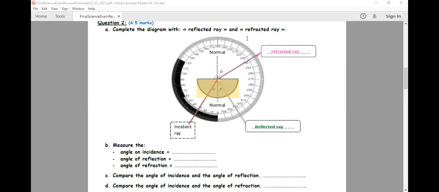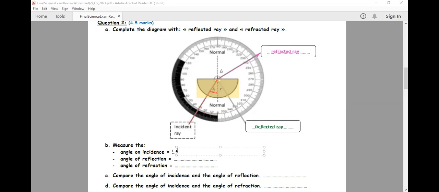Let's measure the angle of incidence. The angle of incidence, guys, is found between the normal and the incident ray. We have to start counting from zero, here. 0, 10, 20, 30.